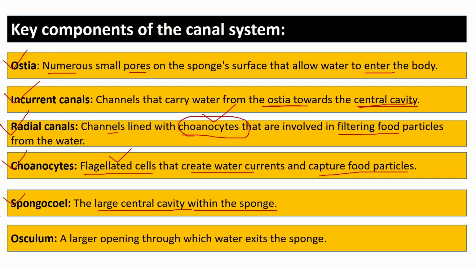And there is a particular aperture called the osculum, which is a large opening through which water exits the sponge. So water which comes into the body through the ostia is removed through a particular large pore or aperture called an osculum. These are some key points about the canal system of the Porifera.